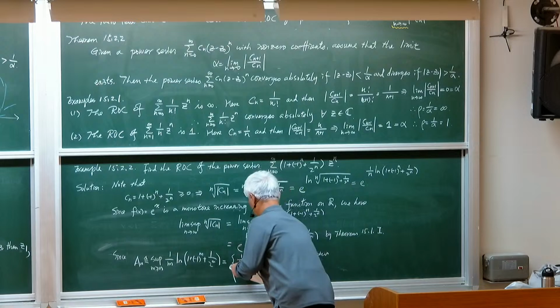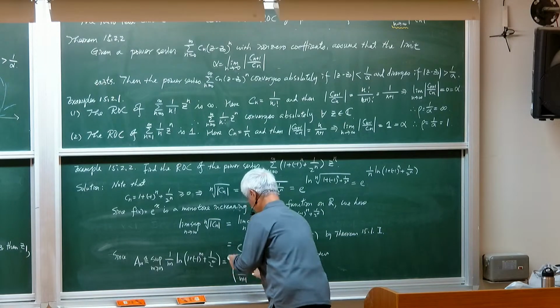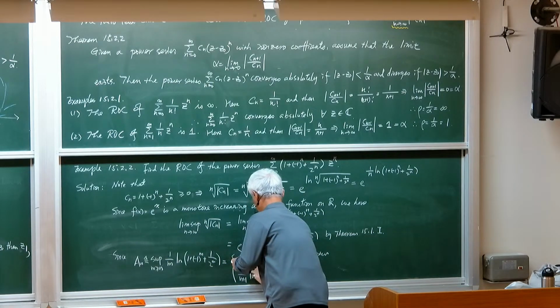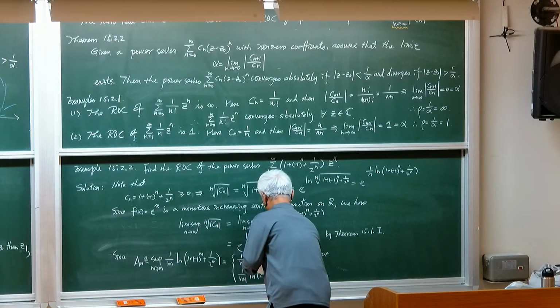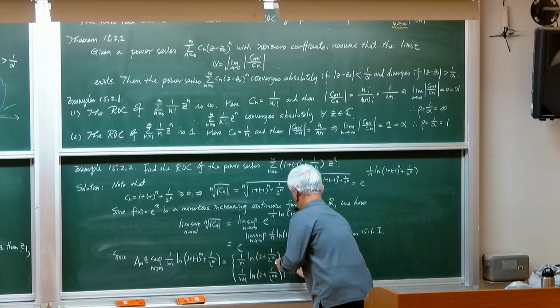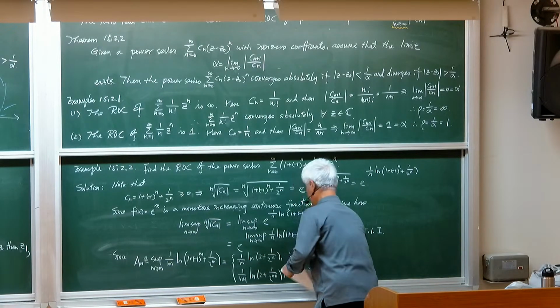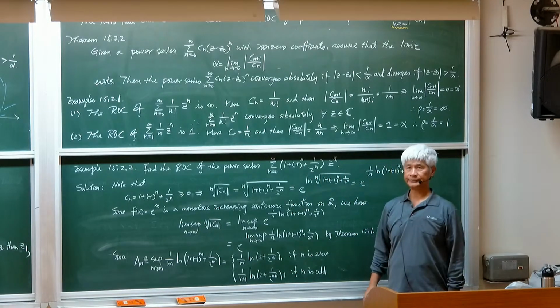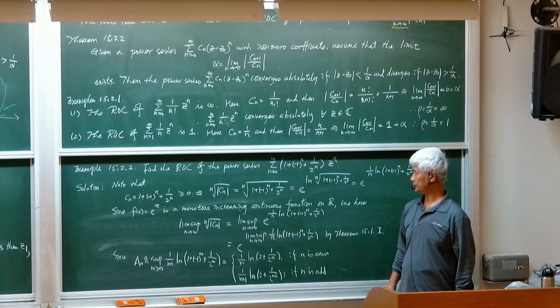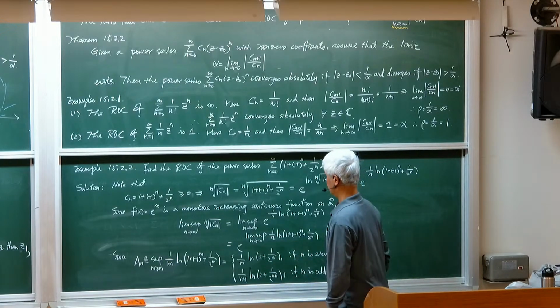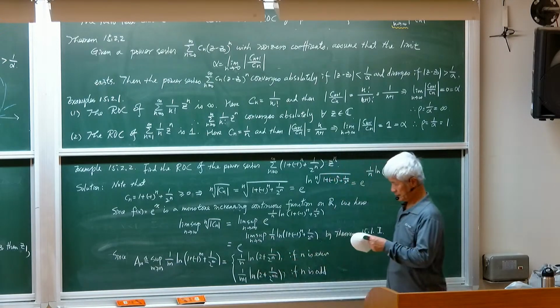So if n is odd, then the next term is 2 plus 2 to the n plus 1's power. So we have the differences here.